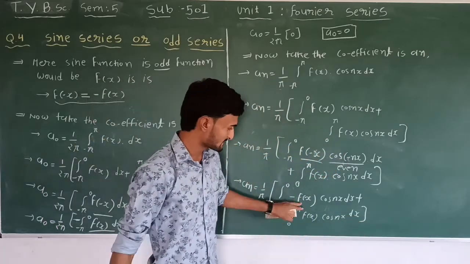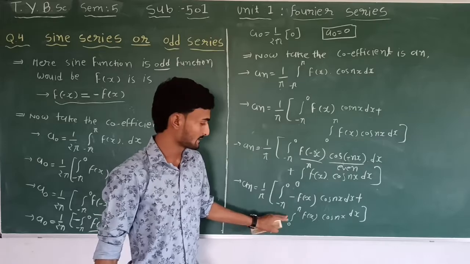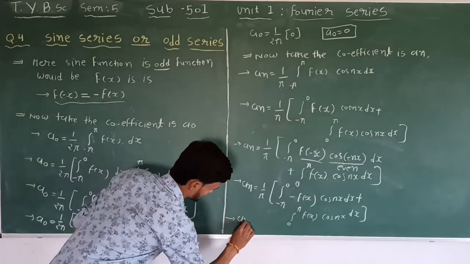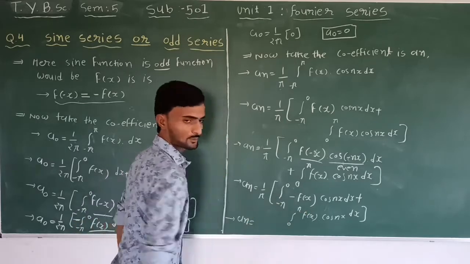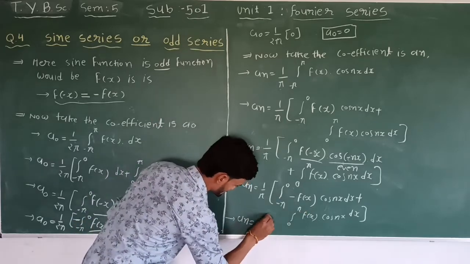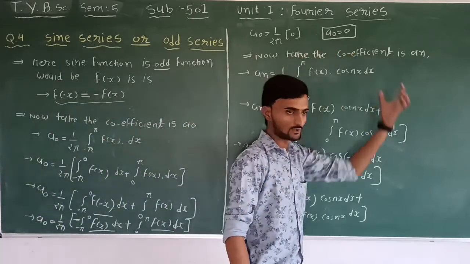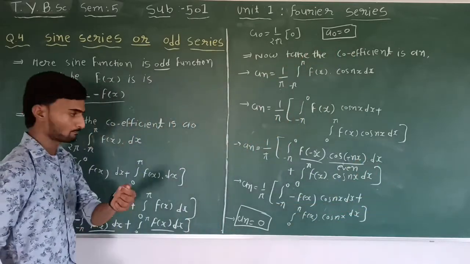The first term has a minus sign and the second term a plus sign. This minus and plus gives 0. So An is 1 upon pi into 0. So An is 0, A0 is 0, and now the third coefficient, Bn.